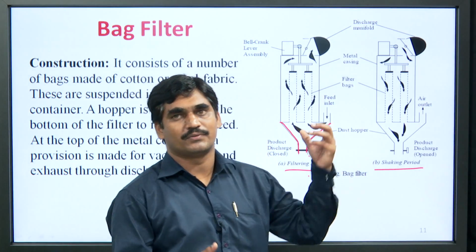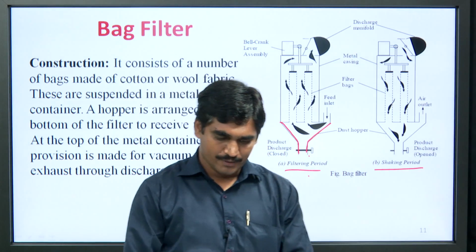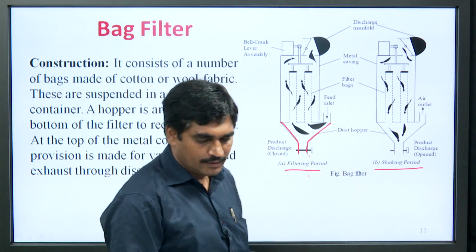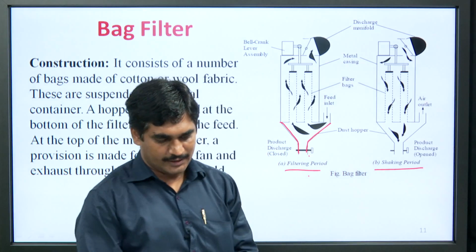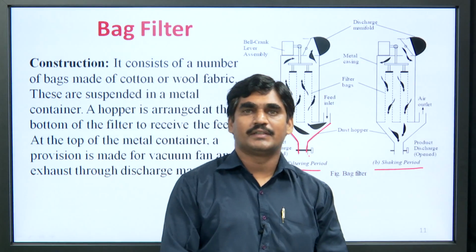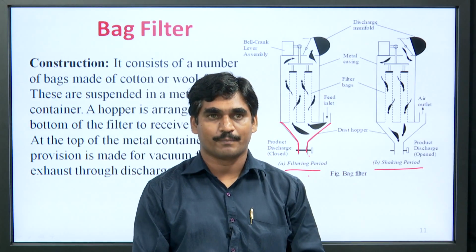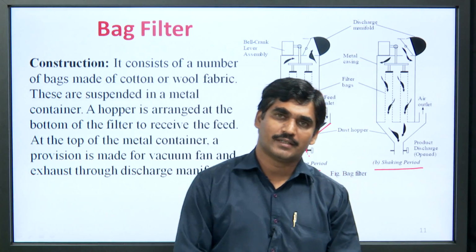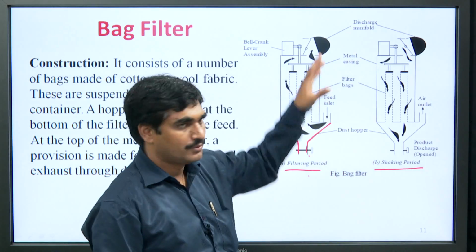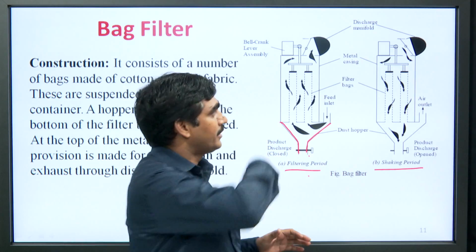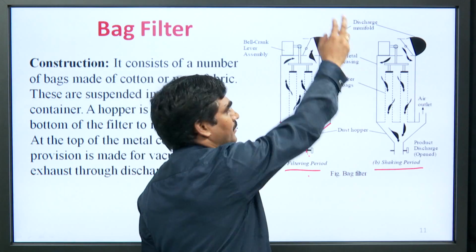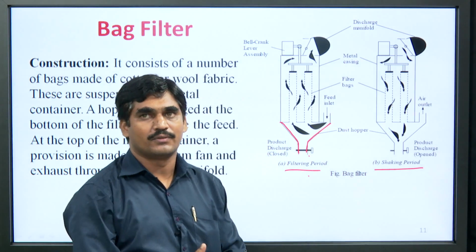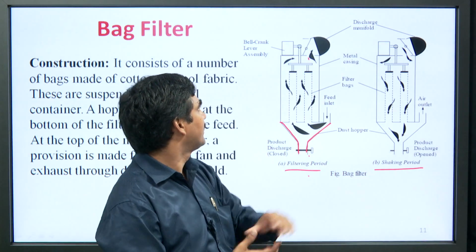Through this hopper, the feed is collected. At the top of this metallic container, there is a provision for a vacuum fan and exhaust manifold, through which the discharge is taking place.